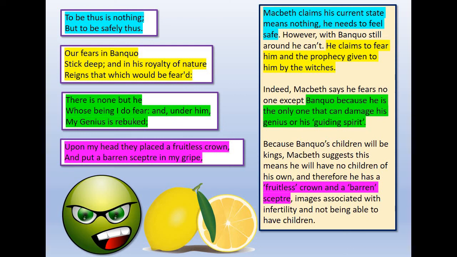And therefore he has a fruitless crown and a barren sceptre. Images associated with infertility and not being able to have children. So it's all related to the fact that his anxiety, his distress, his frustration is that he isn't going to be able to produce an heir to carry on his lineage. It's all going to go to Banquo's children.